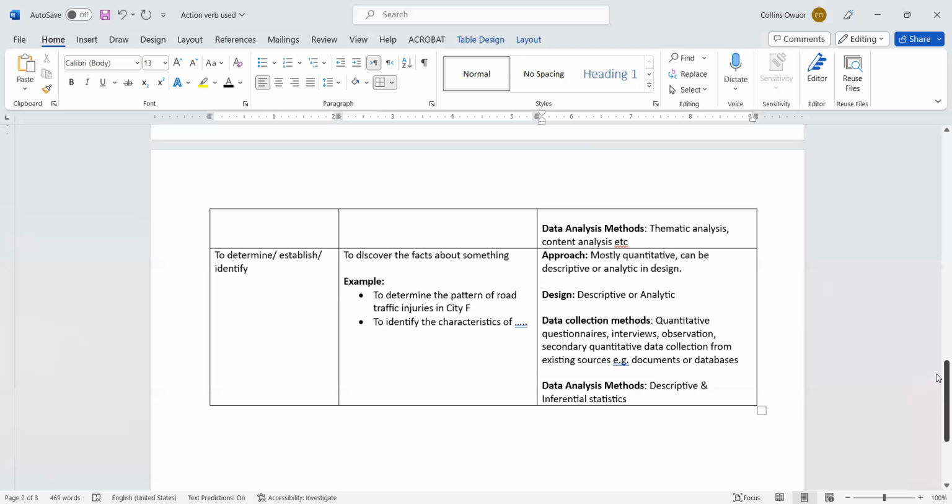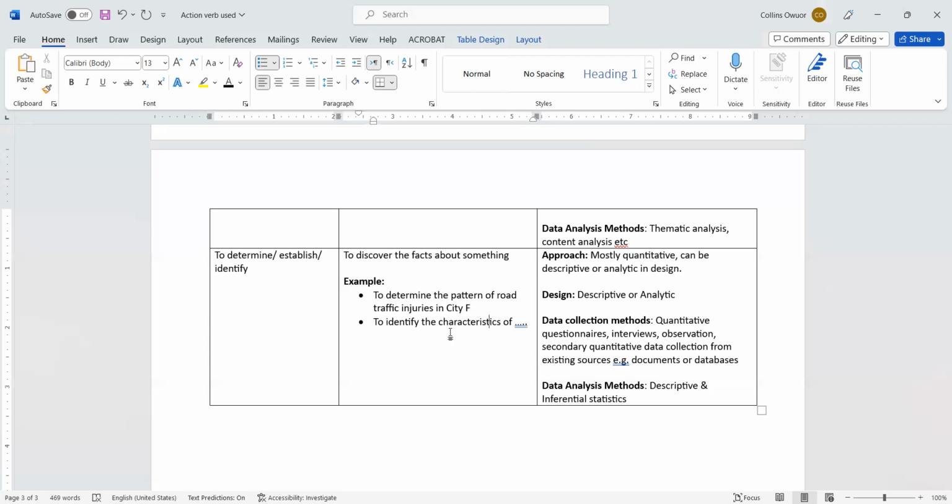The design can be both descriptive and analytic. For instance, if we want to identify the characteristics of something, that could be descriptive. It could also be analytic, for instance, to determine factors influencing maternal mortality in a particular hospital.